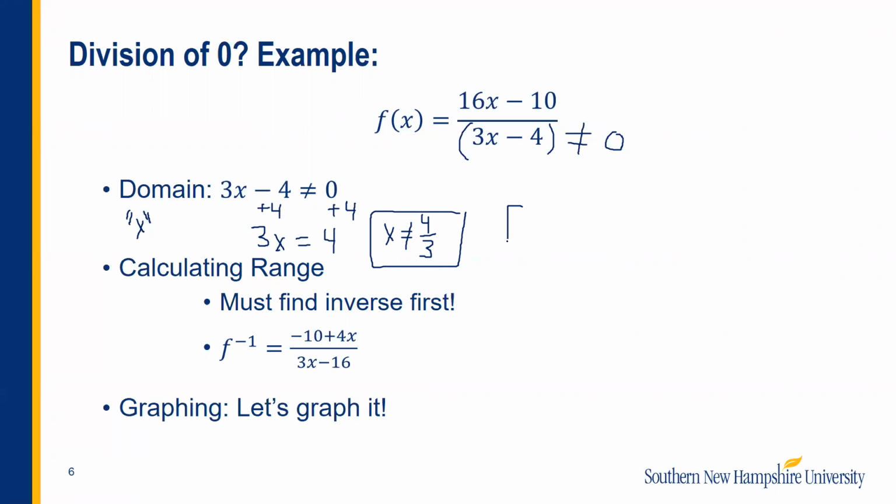So what would happen is that we would go from -infinity all the way to 4/3, but it cannot be 4/3, so we have a parentheses. And it goes from 4/3 to infinity, but it will not include 4/3 at all. So it does everything but 4/3, and this is how we would note it in interval notation.